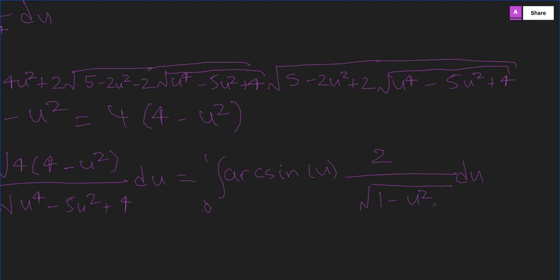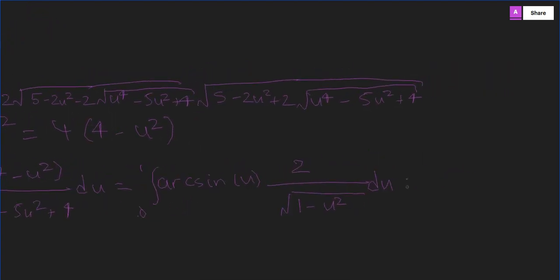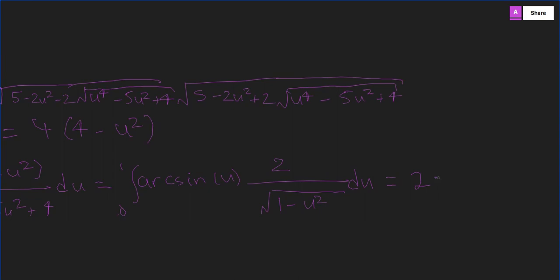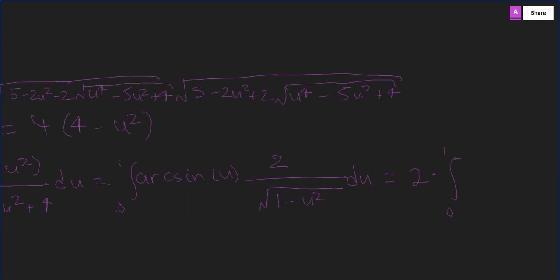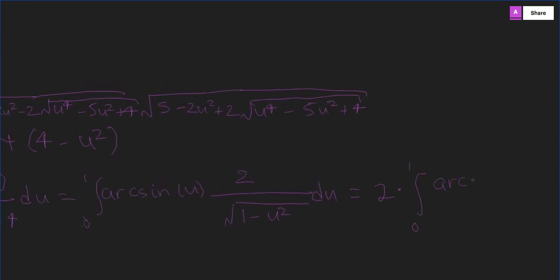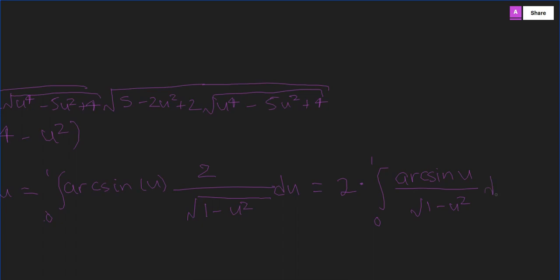So now that we have this, our entire integral becomes 2 times the integral from 0 to 1 of arcsin u by root 1 minus u squared. And this is massively convenient since the integral of 1 over root 1 minus u squared is actually arcsin u.